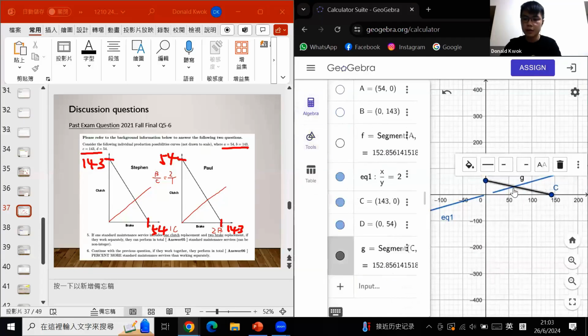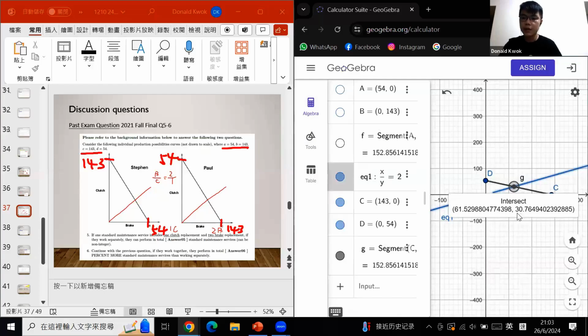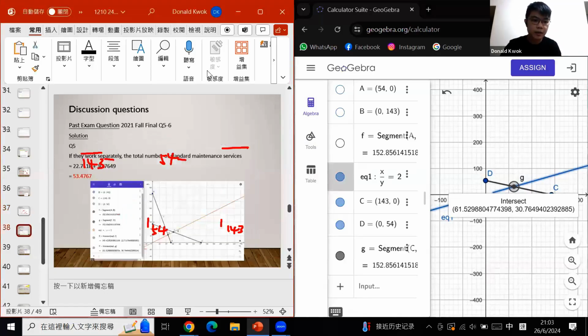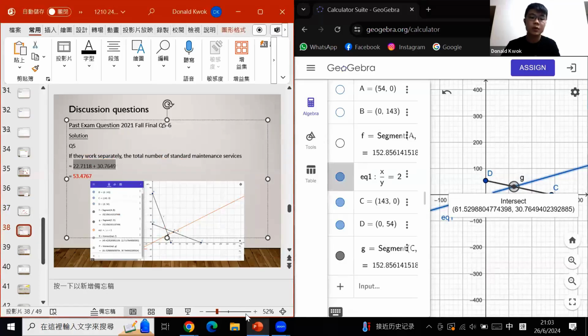And then the intersection will give us the information: 30.76 will be the number of standard maintenance services that Paul can perform. So we just add up the 2 numbers that I've just identified, right here. Then we will be able to find out the total number of standard maintenance services that they can produce if they work separately.